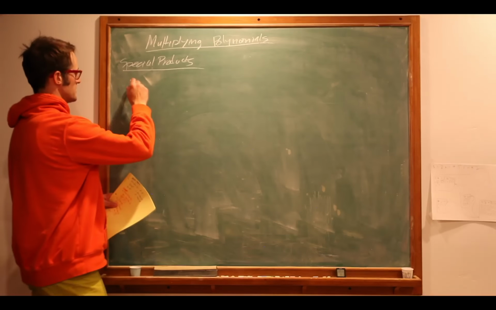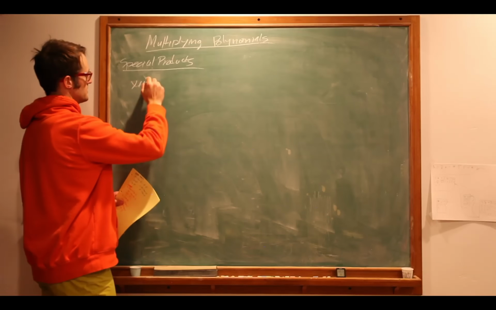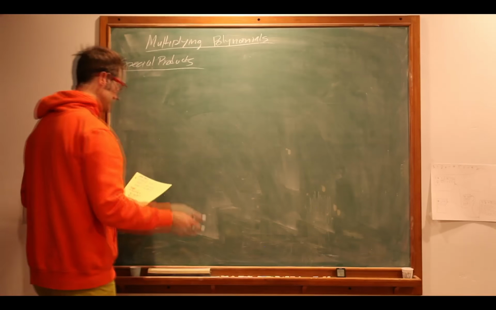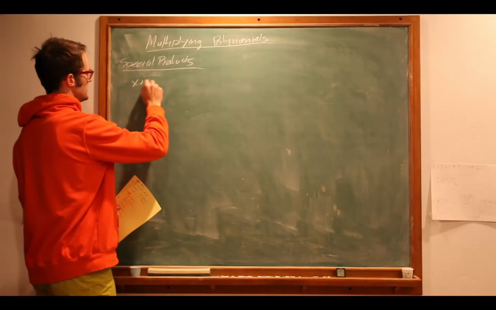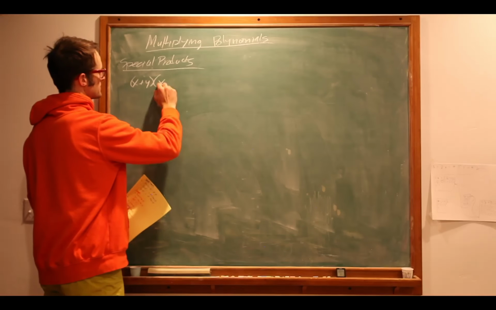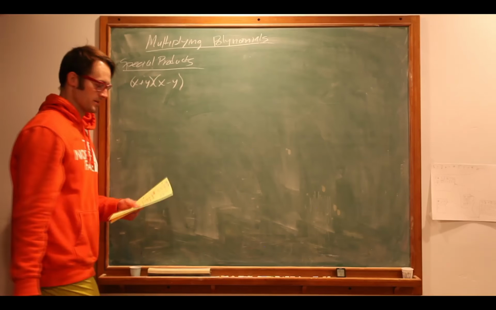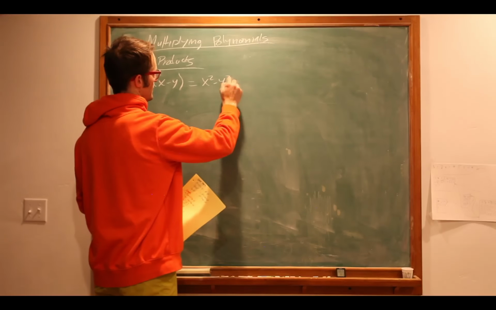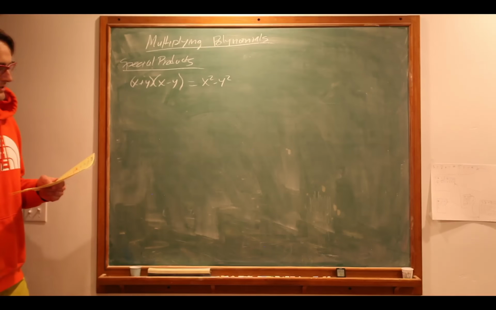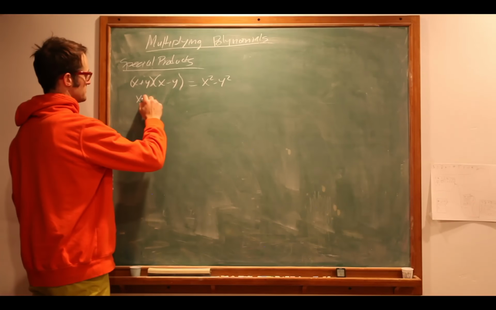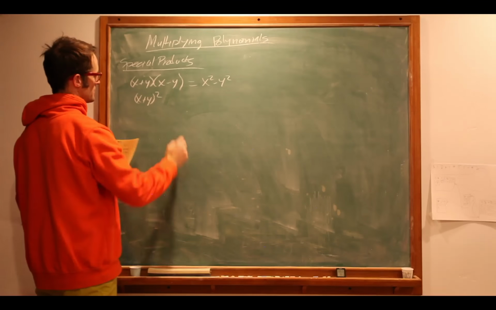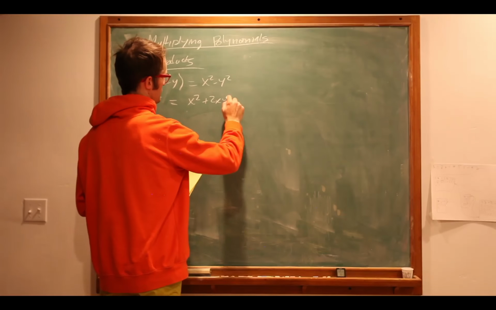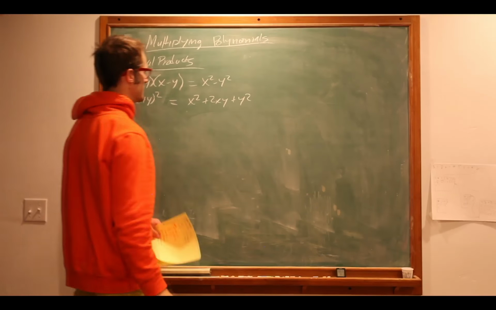Okay, the first one was what we saw earlier. x plus y times x minus y. It will have the form x squared minus y squared, which we saw earlier. x plus y squared will end up having the form x squared plus 2xy plus y squared.